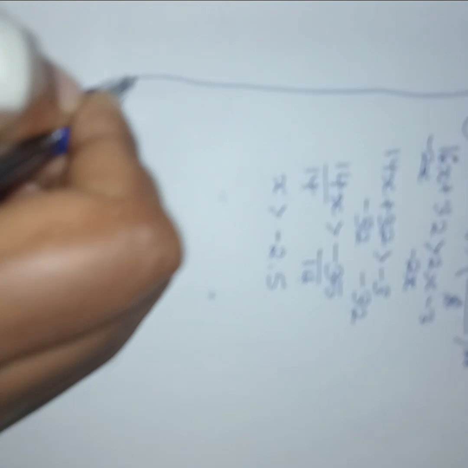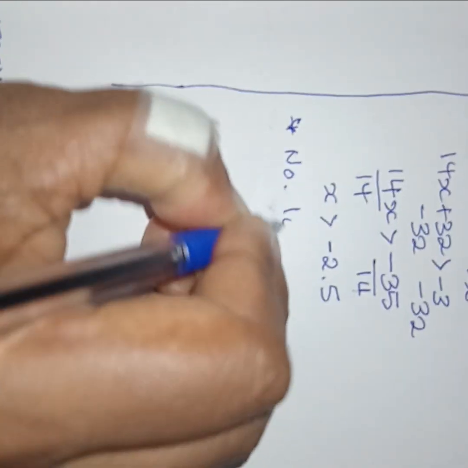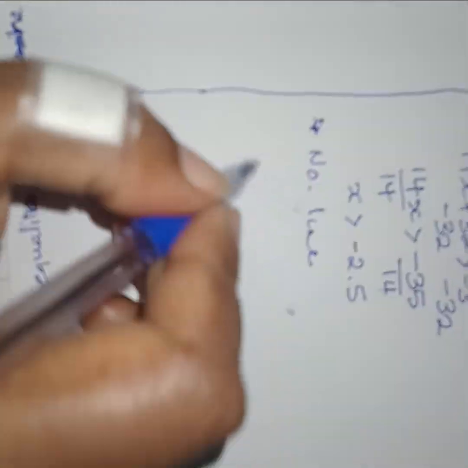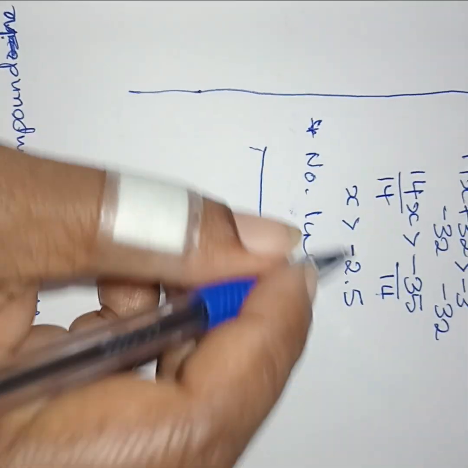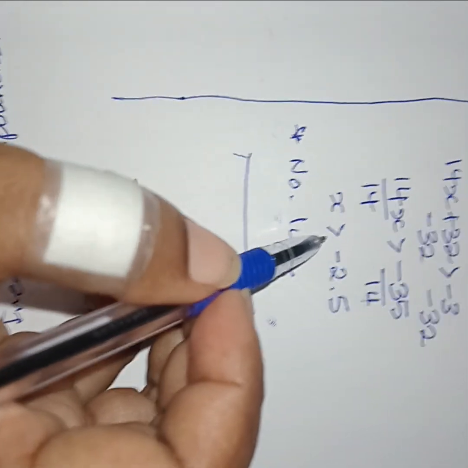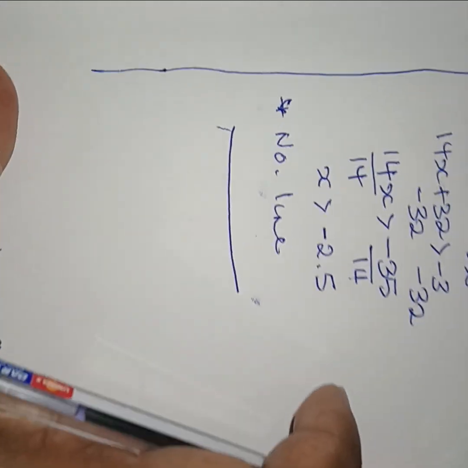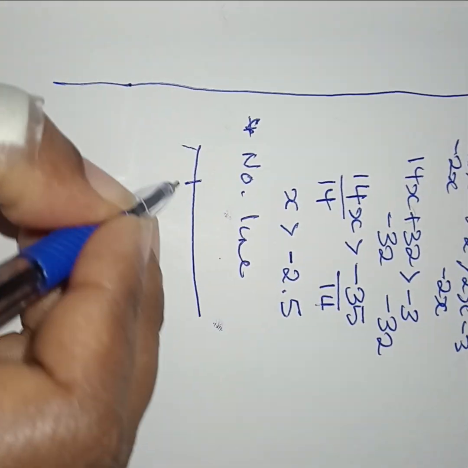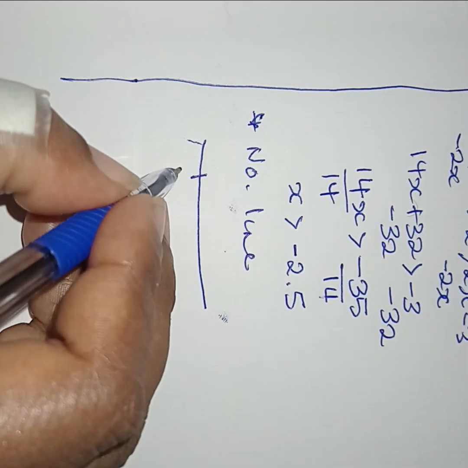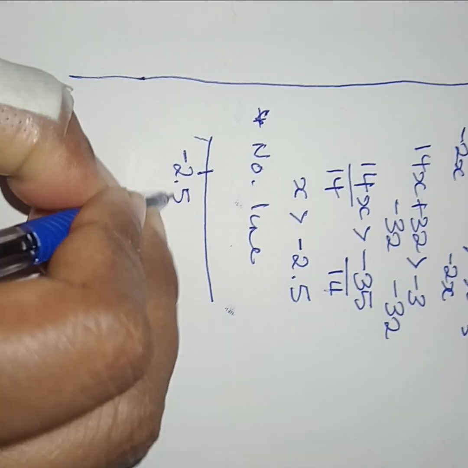Okay, let's put this on a number line. Here's our number line. Take note, now we only know one x value. We do not know the other x values. So we'll just indicate this one value, which is negative 2.5.